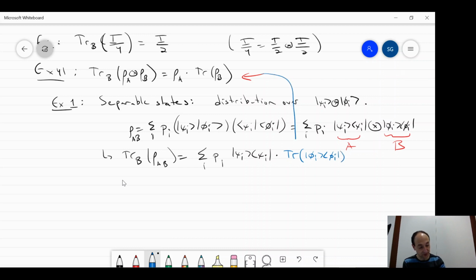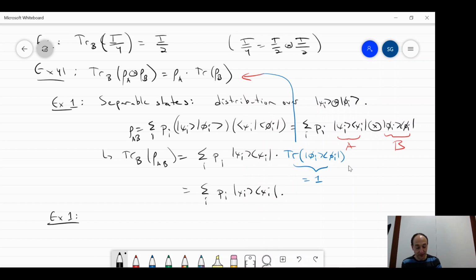That's literally me applying this right here. And this is just equal to 1, because cyclicity says I can move the phi_i around. The inner product of phi_i with itself is just 1. So that means I'll just get the sum over i, p_i, psi_i. So for separable states, it's very easy to immediately write down the partial trace. You just take this operator and cut out this part.